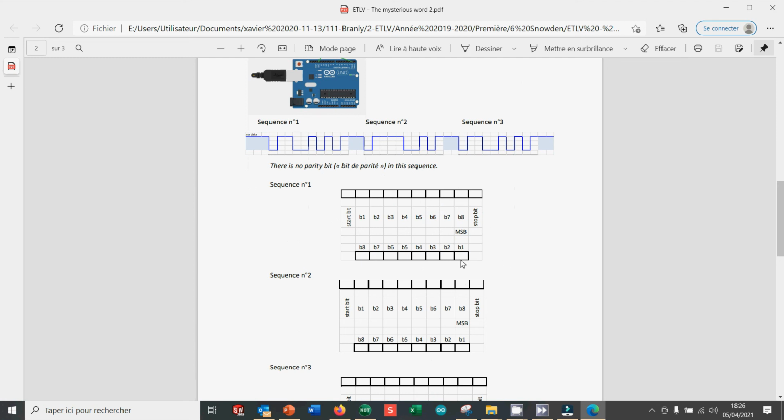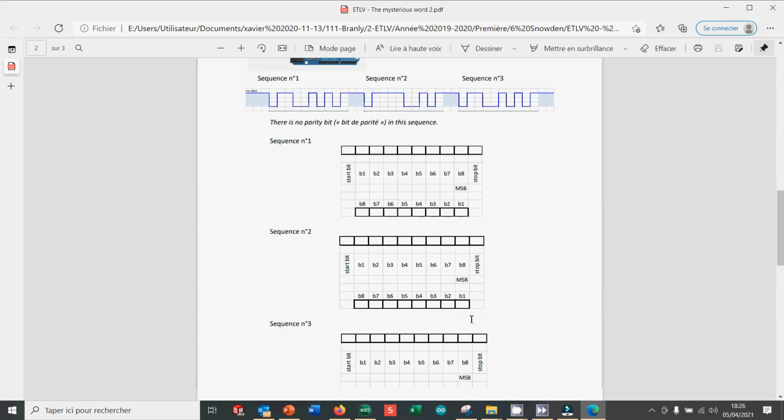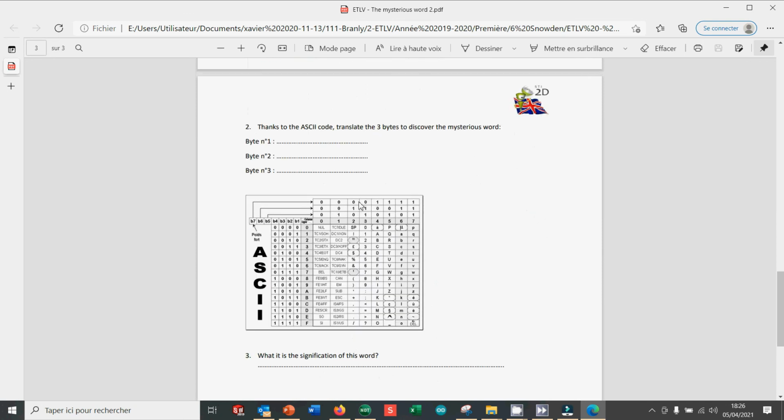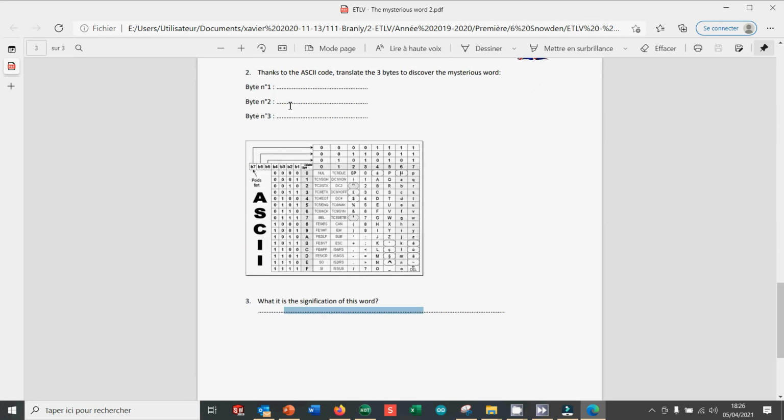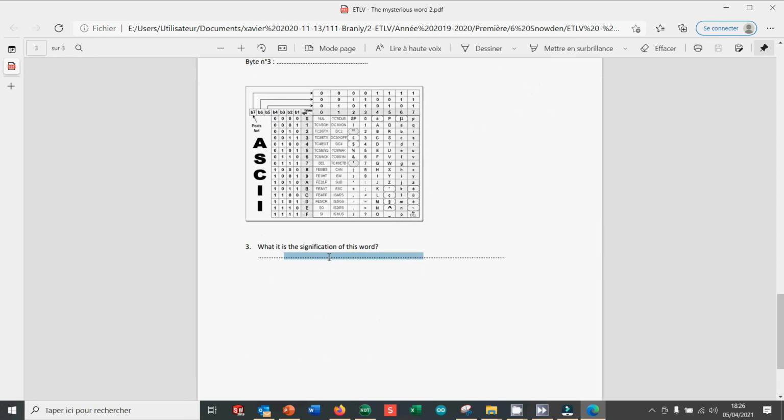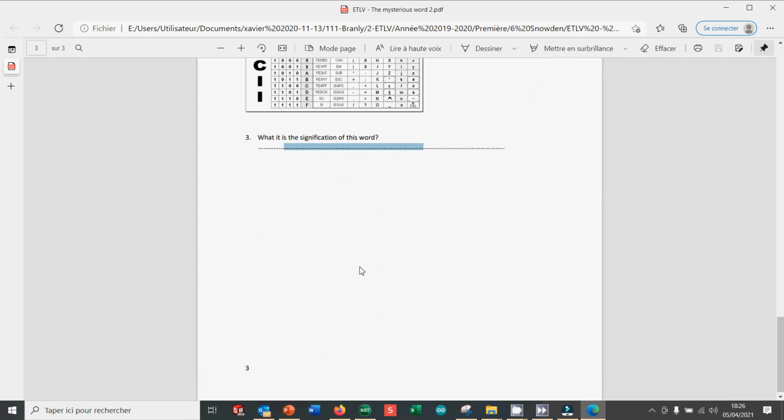Then you have to reorder it in a good way, with the least significant bit first, and so on. And then once you have transferred it into the right order, you have to decode byte number 1, byte number 2, byte number 3, thanks to the ASCII table. And at the end, you have a word composed of 3 letters, and you need to write it here. Okay, good luck.